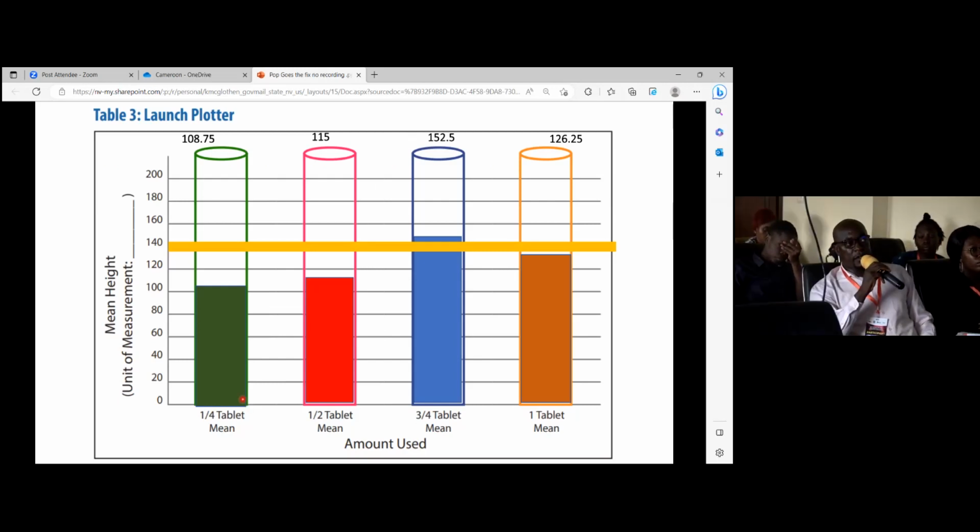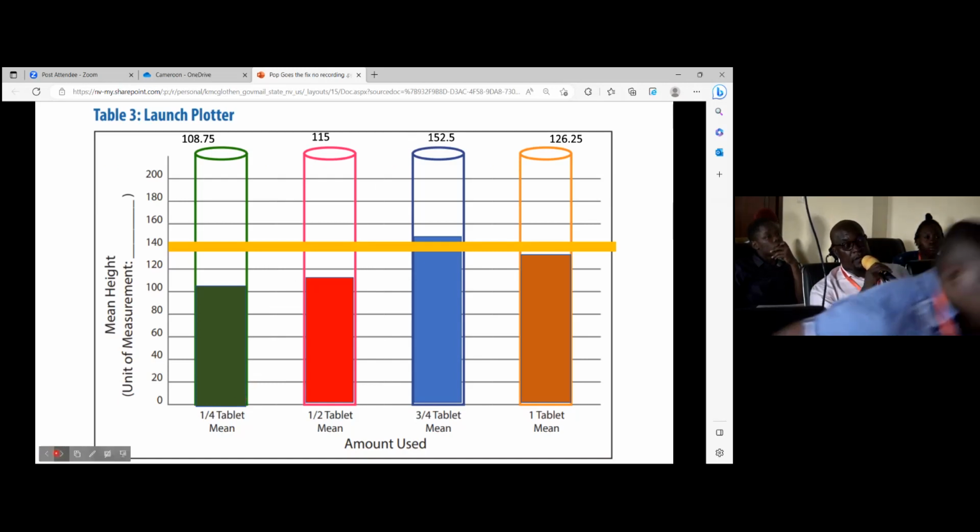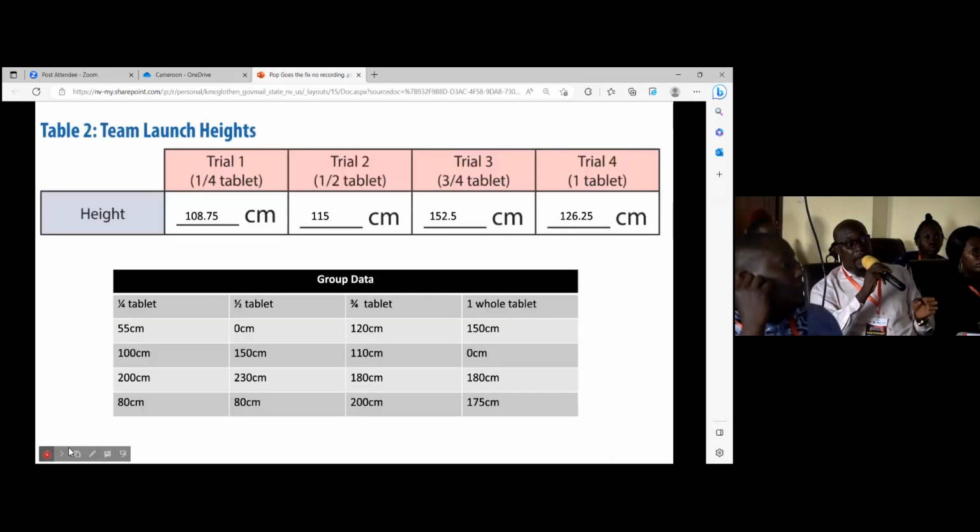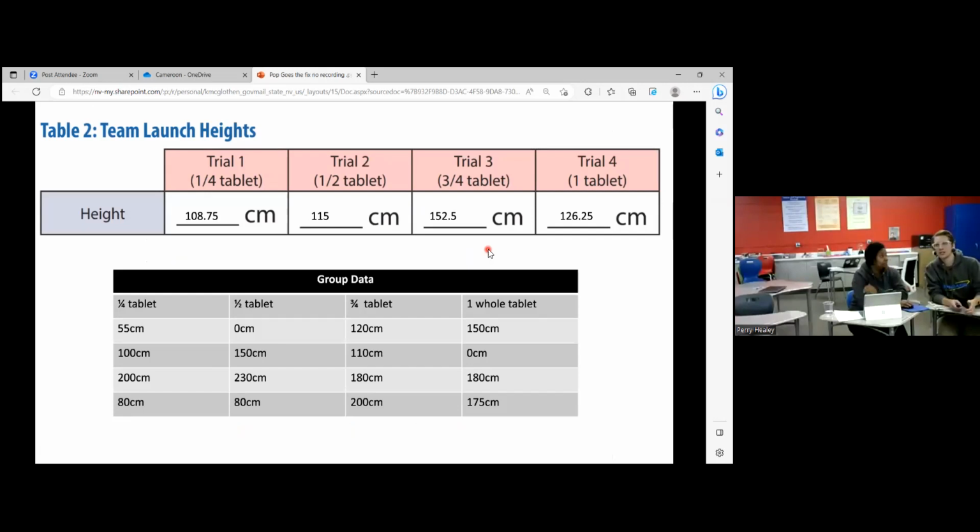Now, when you look at this, the launch plotter here, you find 108.75, 115, and then 152.5, 126.25. So what is the precision of the burette, or the tube that you use, or the ruler that you use?